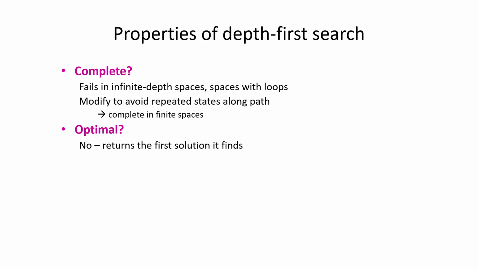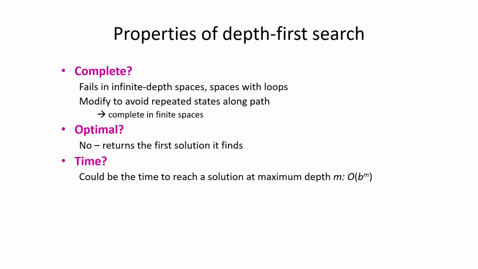DFS is not optimal. It returns the first solution it encounters, and that solution may not be the shallowest or the least cost option. In the worst case, DFS may explore all the way to maximum depth m, giving a time complexity of O(b^m).